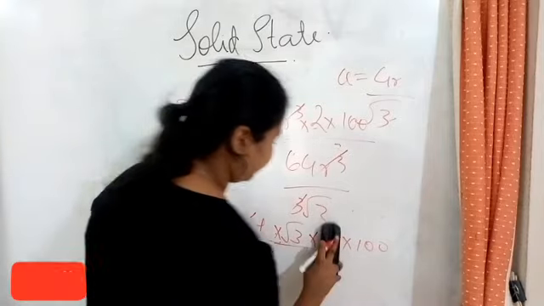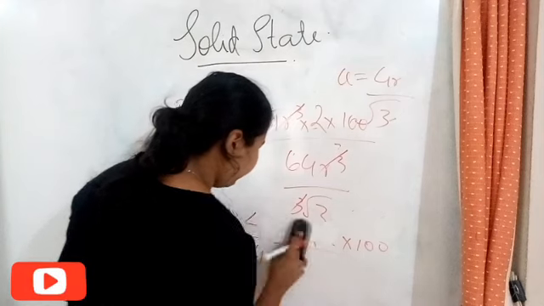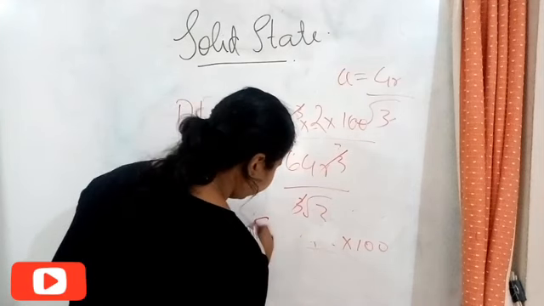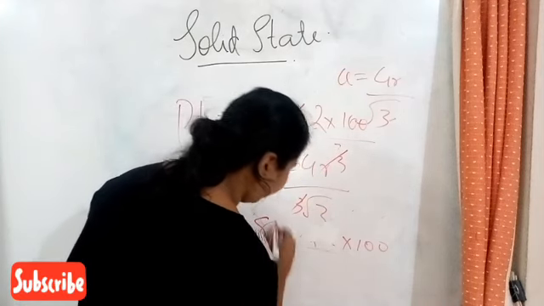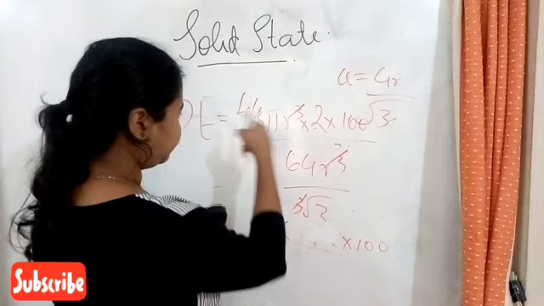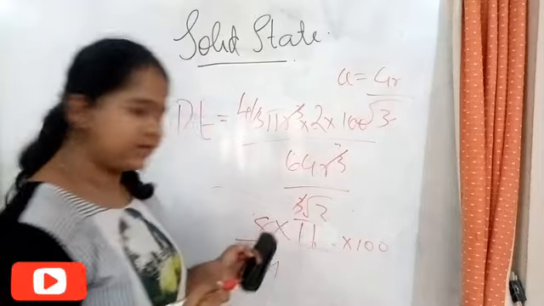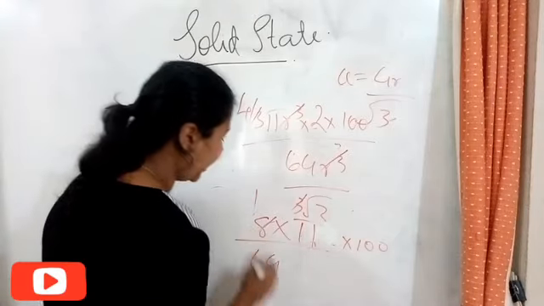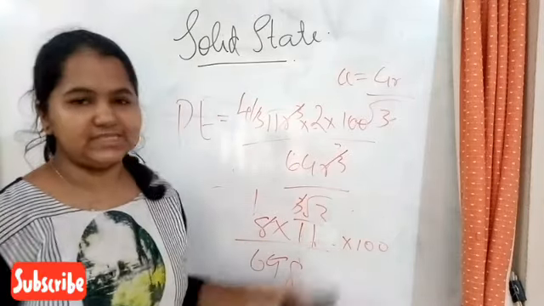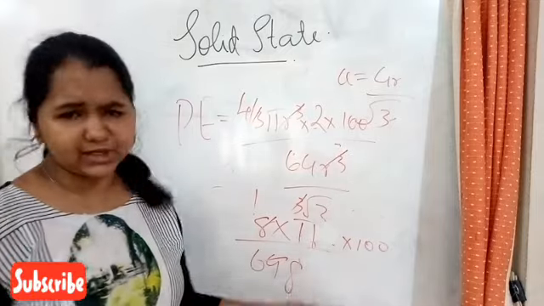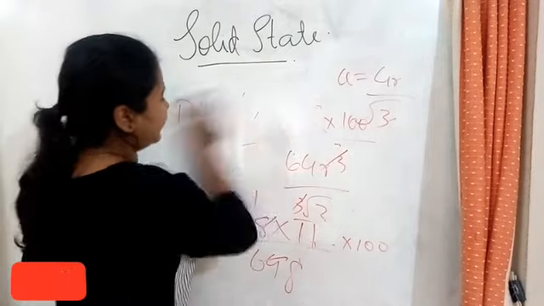8 divided by 64. So we'll rub this and we'll write what? 8 divided by 64 into what all do we have? Yeah, that is 5. Am I right? So this is what our answer should be. You will do the calculation. It's simple. The answer, I'll write the answer.